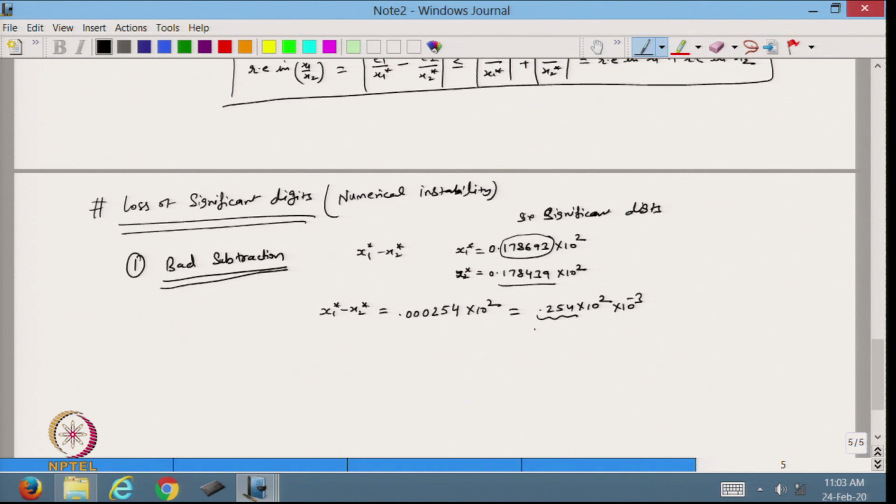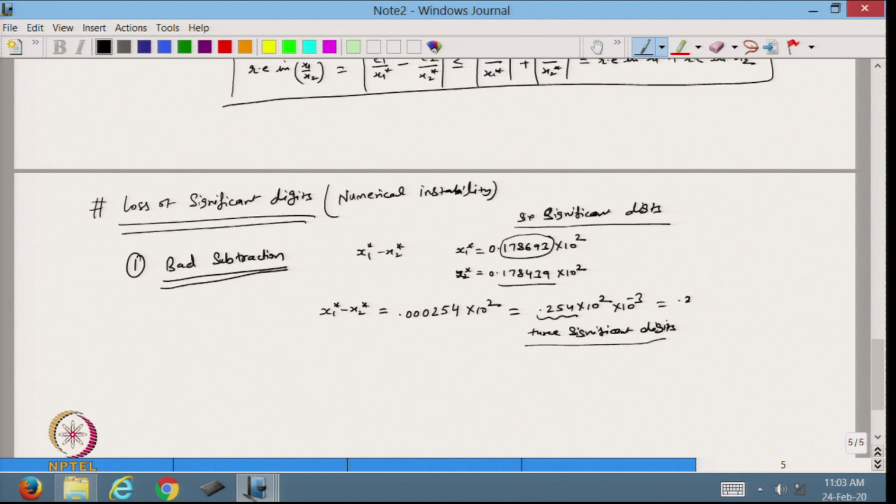Now this number has only 3 digits. Earlier I started with 6 significant digits, and now I deal with a number that has 3 significant digits. This number is 0.254 into 10 raised to power minus 1. So, this is a loss of 3 significant digits.